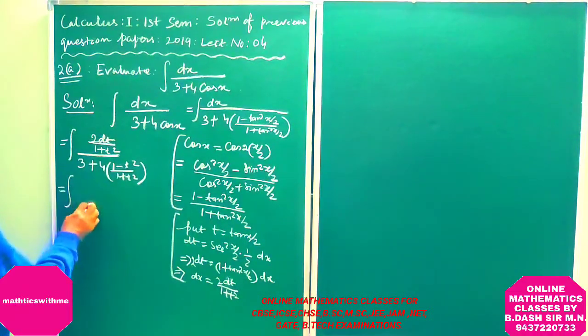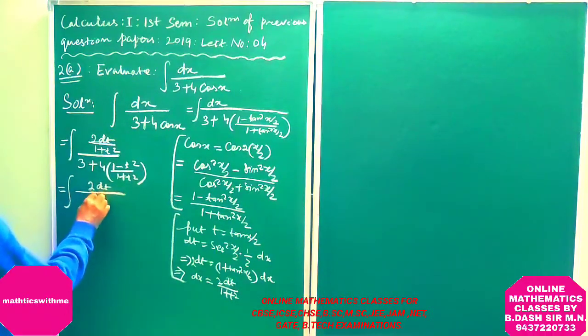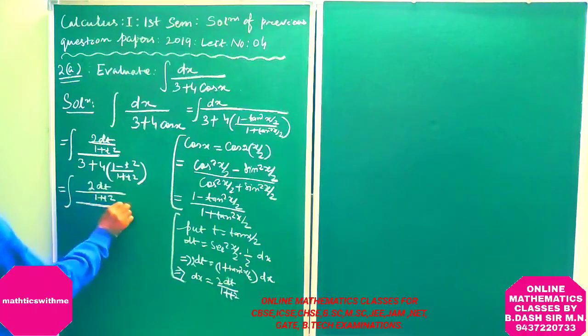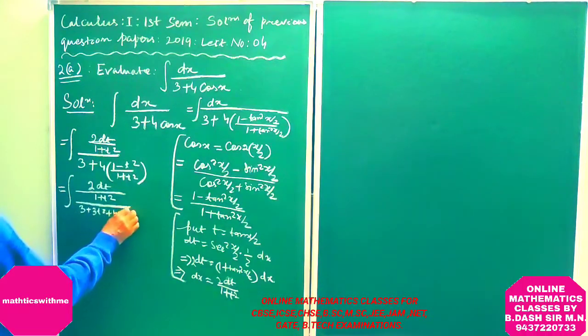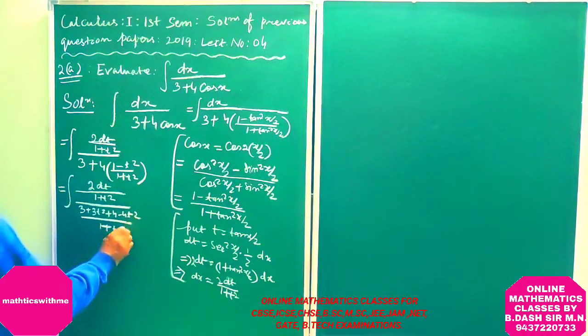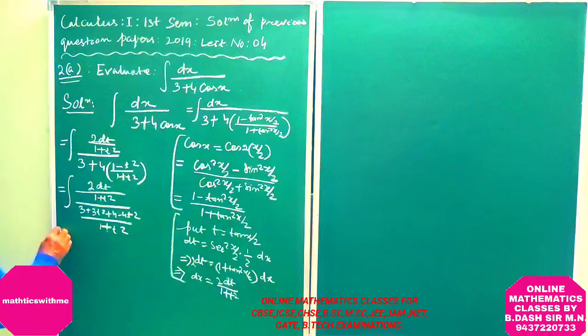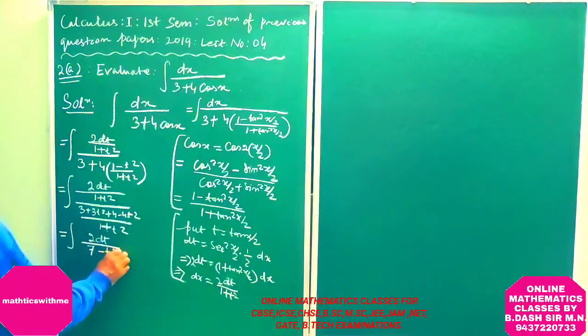This is equal to 2 dt by 1 plus t square divided by 3 plus 3t square plus 4 minus 4t square by 1 plus t square, which is equal to integration 2 dt divided by 3 plus 4, that is 7, 3t square minus 4t square means minus t square.